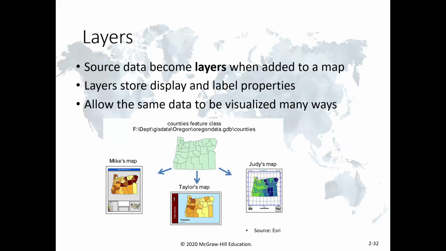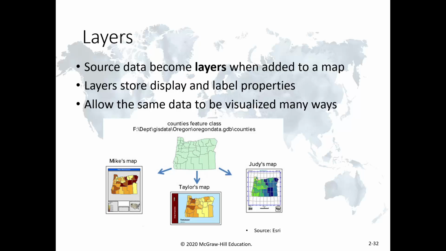Jumping ahead to layers, this is a really important component of working with ArcGIS Pro or any sort of geographic information system that you will be working with in the future. It is really important to know that a layer is not the same thing as your source data. Your source data is the data that is often stored in a geodatabase, which is what we'll be working with in class.